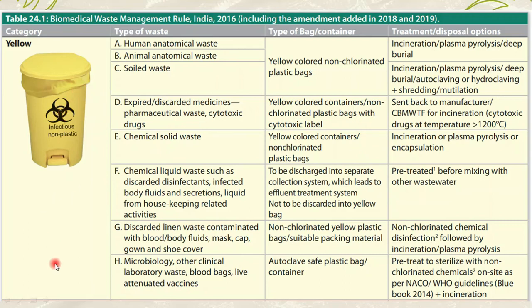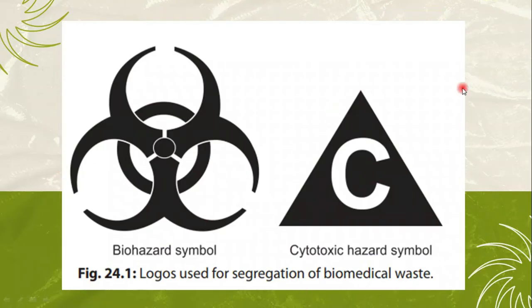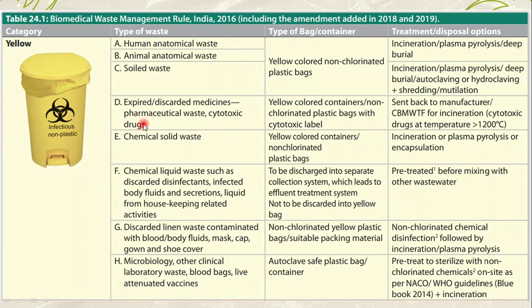We need a yellow dustbin with this type of symbol in which we can discard pharmaceutical waste. And now, how will we treat this pharmaceutical waste? We will send it back to the manufacturer or a combined biomedical waste treatment facility for incineration. Cytotoxic drugs are incinerated at a temperature of more than 1200 degrees centigrade.